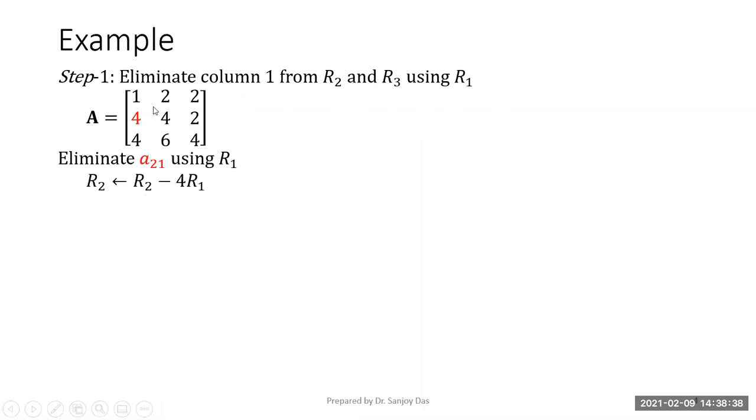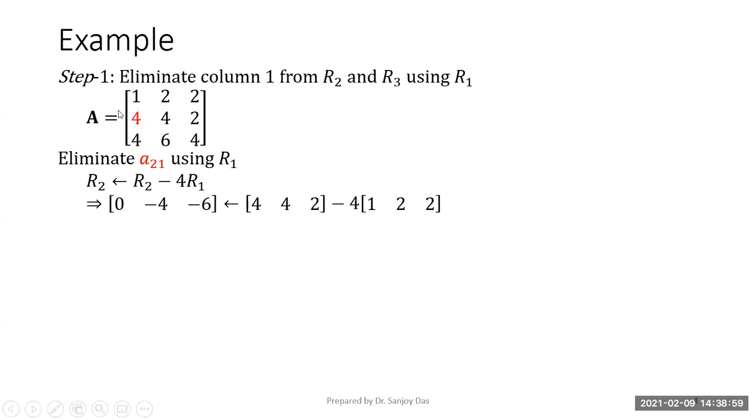Okay, what I should do is now this is 4, 4, 2. If I multiply this first row, which is 1, 2, 2, with 4 times R1, and then subtract it from 4, 4, 2, then this 4 will become 0, right?